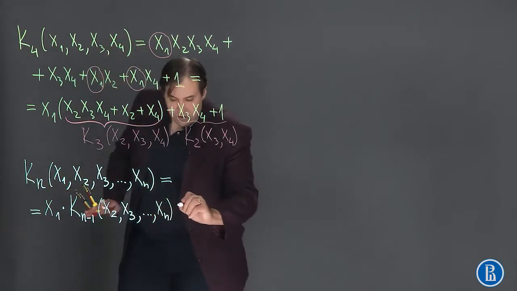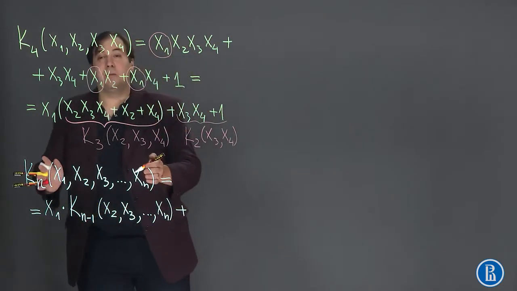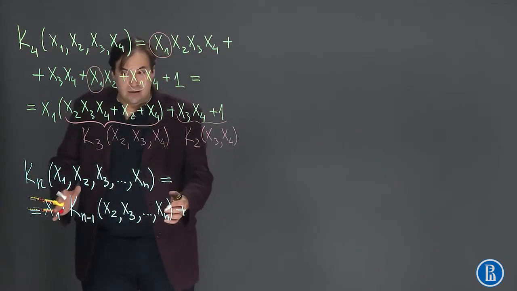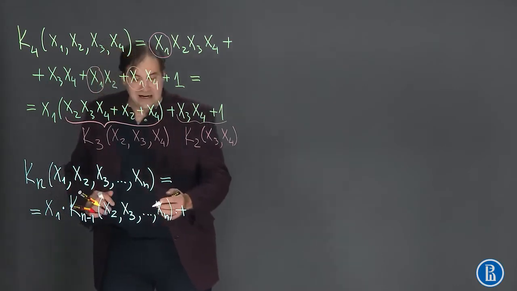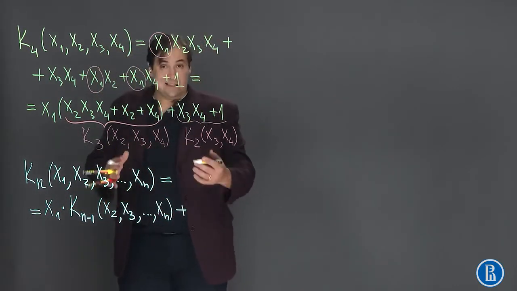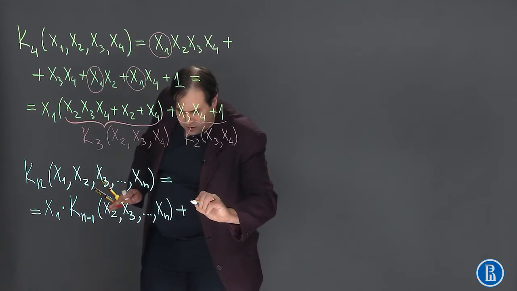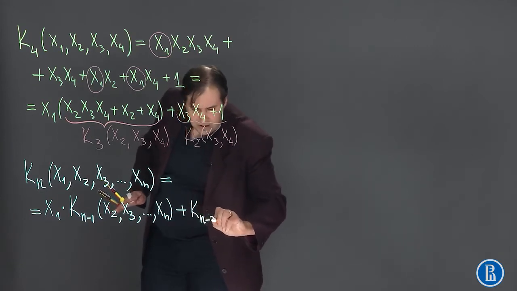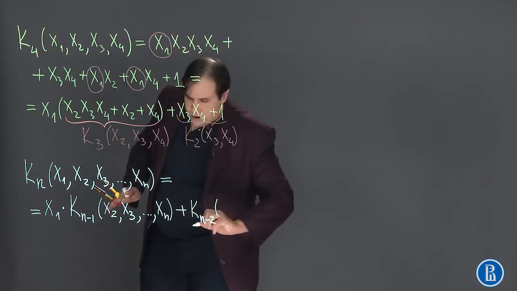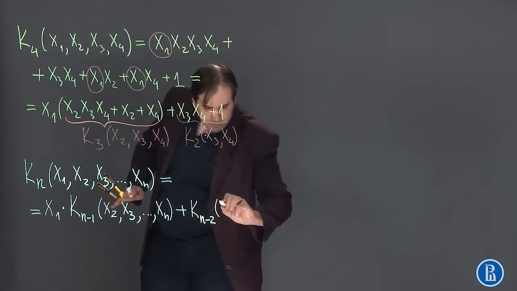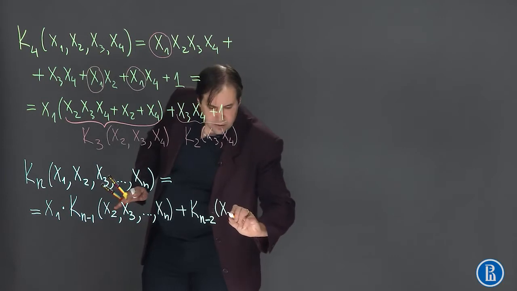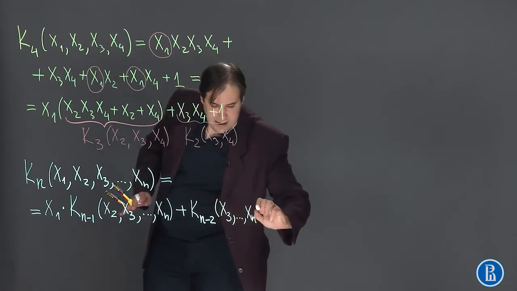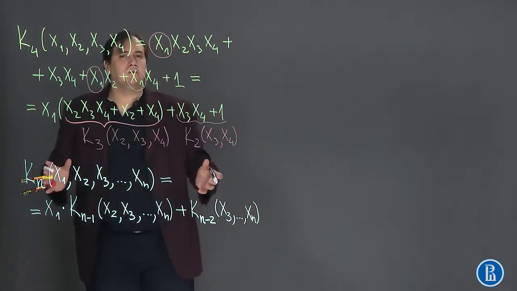So this is the part of the initial continuant that contains x1. And we have a part that does not contain x1. It is equal to also a continuant of order n minus 2 in variables x3, x4, and so on, xn. So this is a general rule.